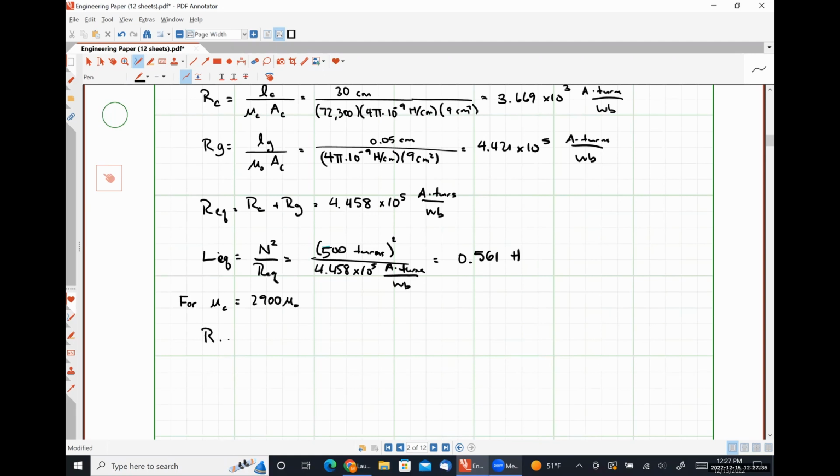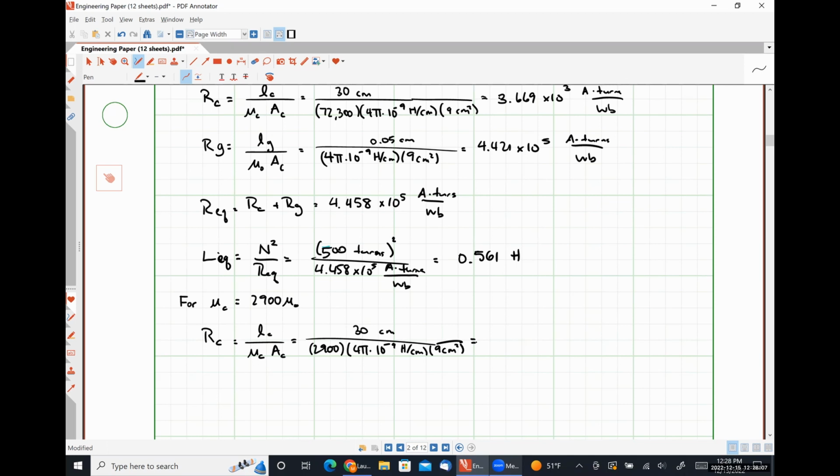So for our core, we're going to have the exact same equation, LC over mu C AC, but we're using a new value for mu C. So let me just write this down really quickly. 30 centimeters times 2,900 times 4 pi times 10 to the minus 9 henries per centimeter times our cross-sectional area, 9 centimeters squared.